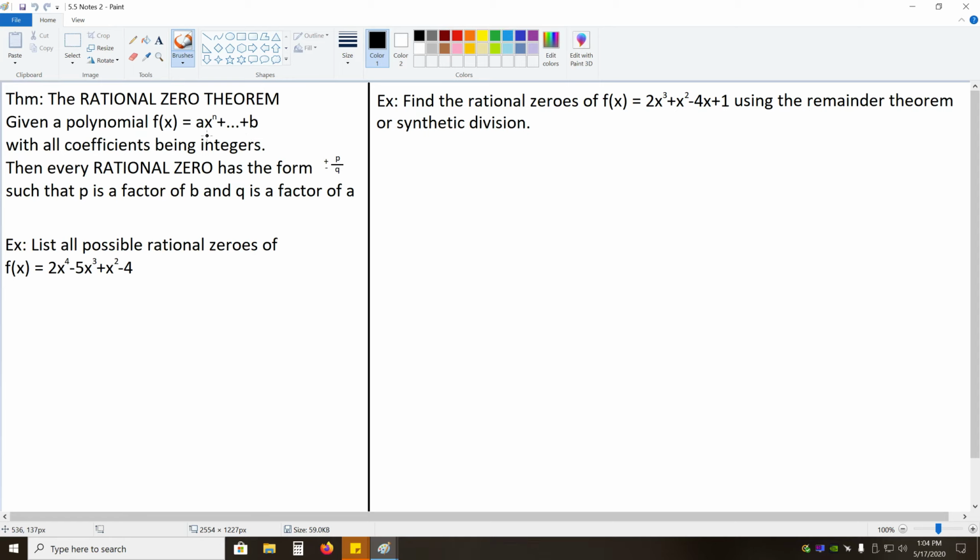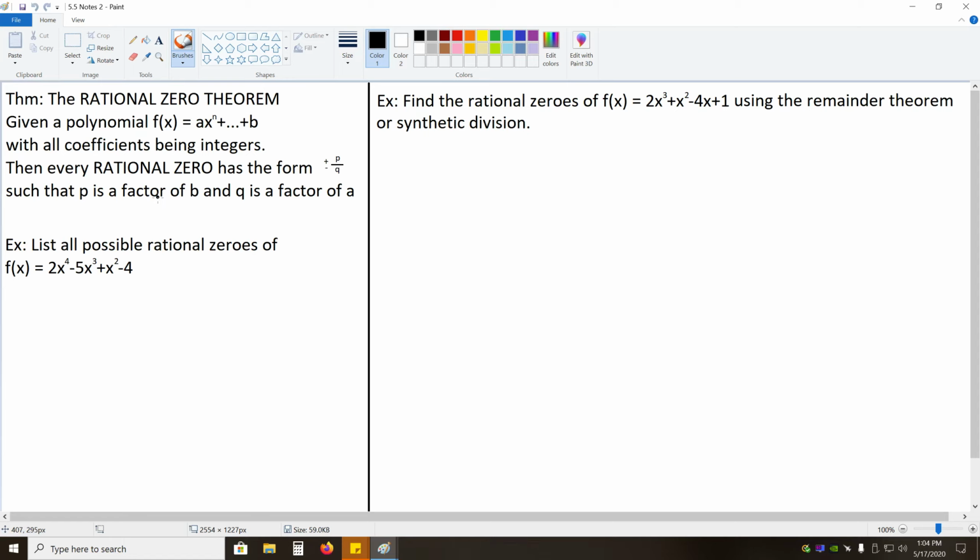Essentially what this is saying is, if you take any polynomial, just look at the lead term and the constant at the end. If you take all of the factors of that constant and divide them by all of the factors of the leading coefficient and put a plus or minus in front of every result, those are all the numbers that you need to check.